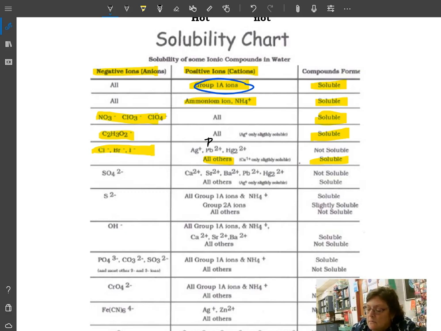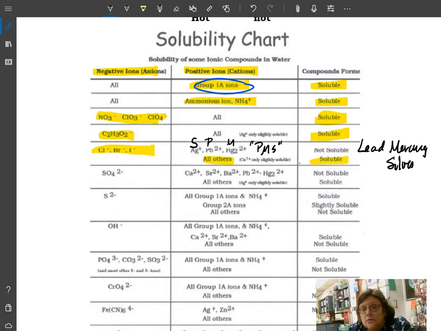P for lead, because plumbum starts with a P. M for mercury, because the word mercury starts with an M, but not Hg, hydrargyrum. And S, silver starts with an S, not argentum. So we call this PMS, and it stands for lead, mercury, and silver. Everybody can remember that because we all talk about PMS.